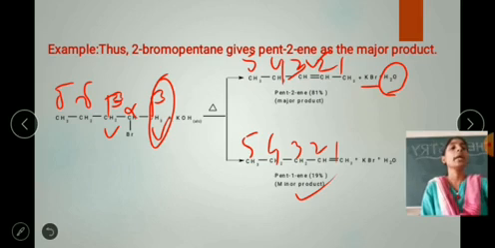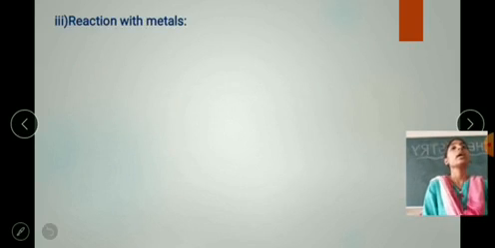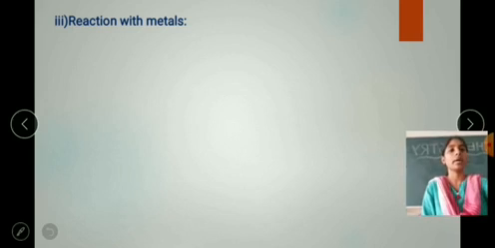So the major product according to the Saytzeff rule: the beta carbon atom which contains the least hydrogen atoms will give the major product. This is the Saytzeff rule. Next is the reaction with metals, how haloalkanes will react with metals to give a product.